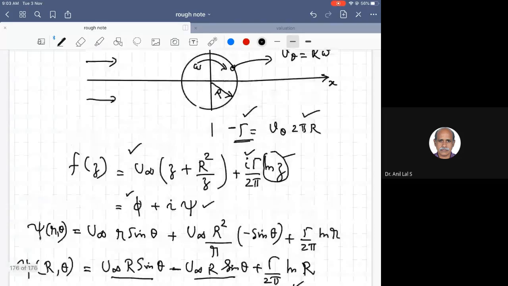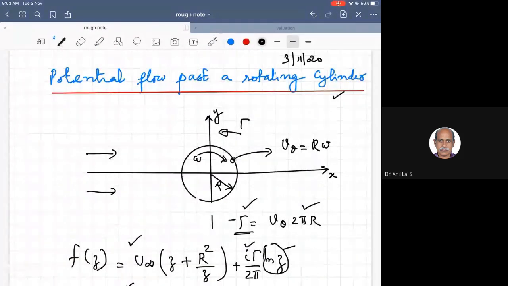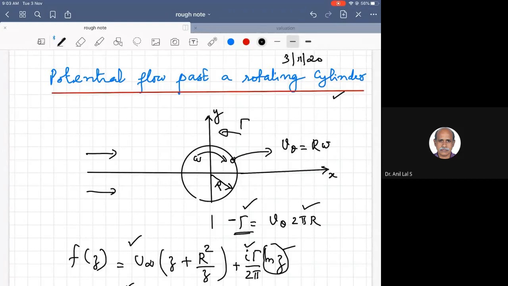You remember when we derived the flow past a cylinder, we looked at the streamline corresponding to psi equal to 0, and that we identified as a cylinder. In this case also, suppose I want psi on the cylinder surface to be equal to 0.